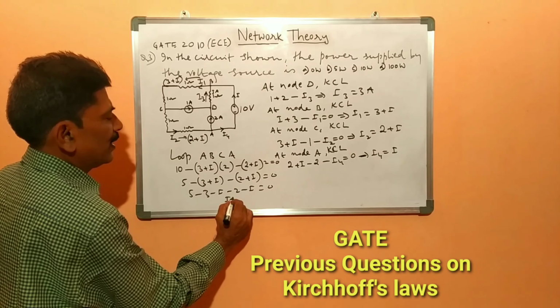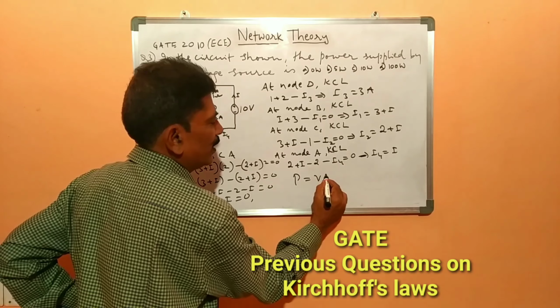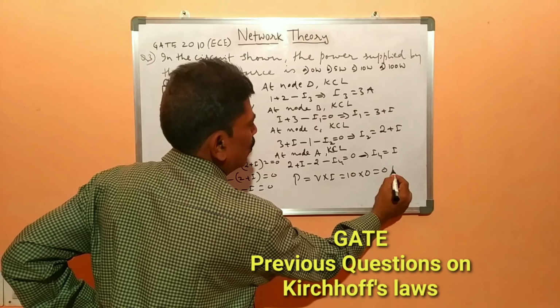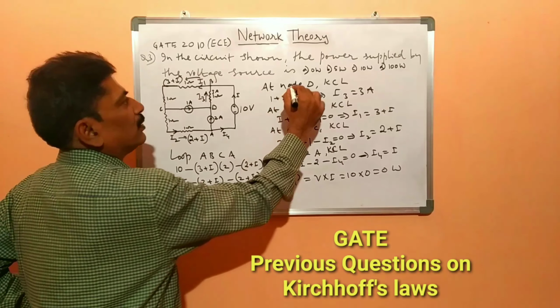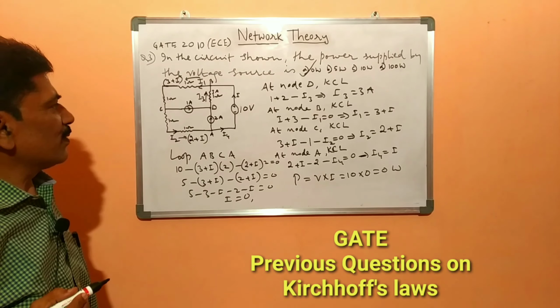From this you will get I is equal to 0. So what is the power delivered by the source? It is V into I, which is 10 into 0, which is equal to 0 watts. So you can put a tick against option A, 0 watts is the right answer.